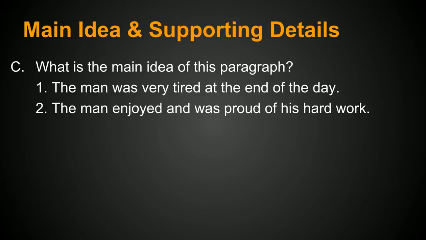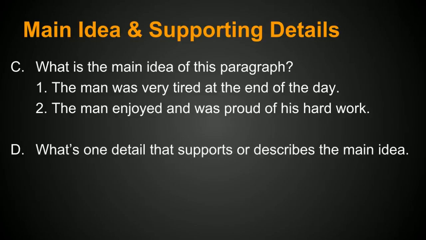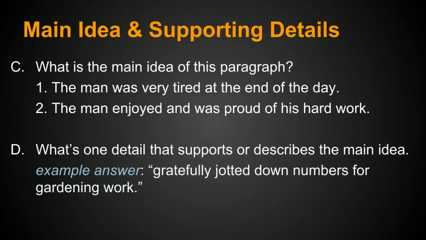So now with that being the main idea, what do we think supporting details are that would describe or support this main idea? Our example answer would be, number 1, we take right from the text of the paragraph, he gratefully jotted down numbers for gardening work. And the word gratefully here is the key word that shows that he was proud. So these are the supporting details for that main idea.